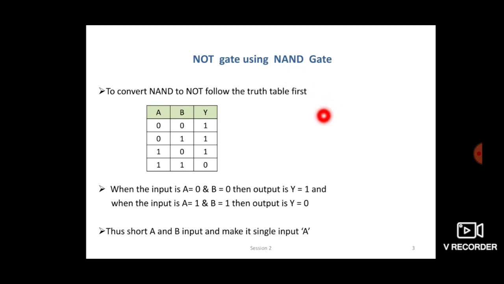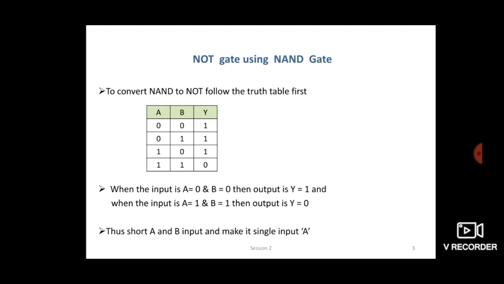Before going to construct NOT gate, follow the truth table first. This is the truth table of NAND gate: 0 0 1, 0 1 1, 1 0 1, 1 1 0. What is the logic statement of NAND gate?